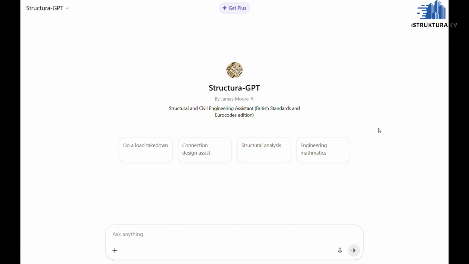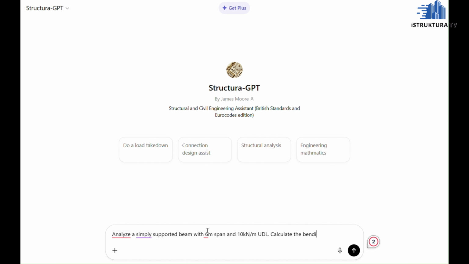Finally, let's test Structura-GPT. This is an AI-powered GPT. So let's try and analyze the simply supported beam that we have just completed earlier. Let's type: analyze simply supported beam with 6 meter span and 10 kilonewton per meter UDL, uniformly distributed load.